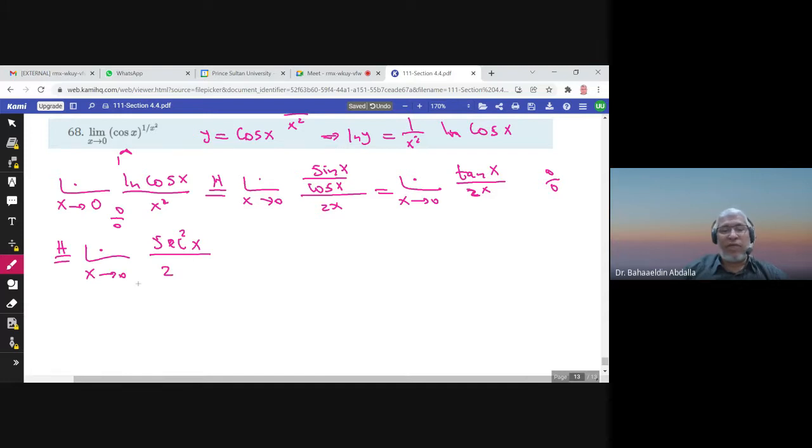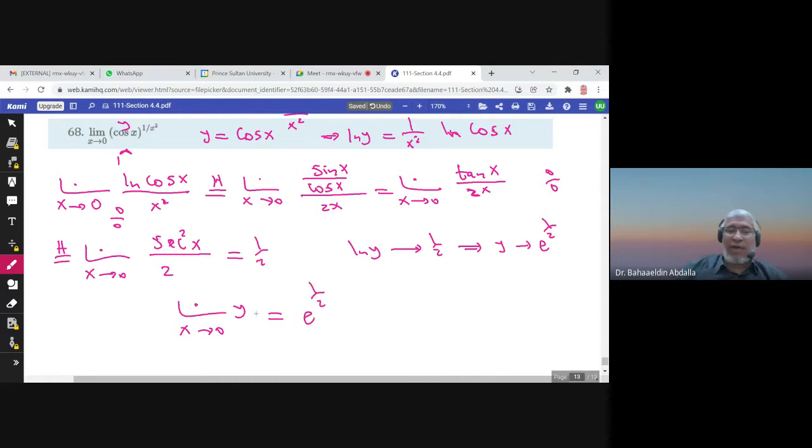Derivative of 2x is 2. Secant 0 is 1. So ln y goes to half. This means y goes to e to the power half. So limit y when x approaches 0 is e to the power half.